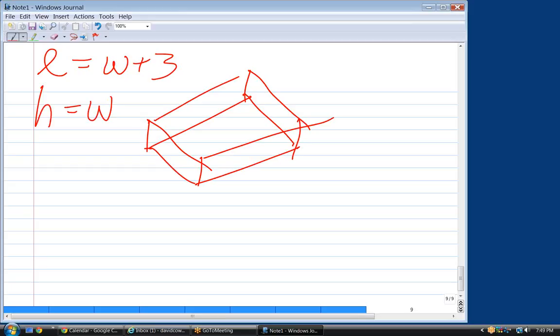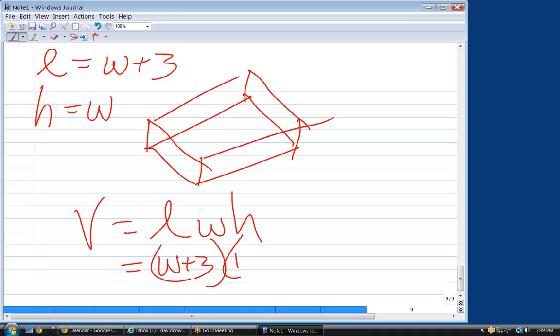Okay. What's the formula for the volume of a box equal to? Length times width times height. Okay, we're going to put everything in terms of W. The length is W plus 3 times W times W. In other words, height is W also.